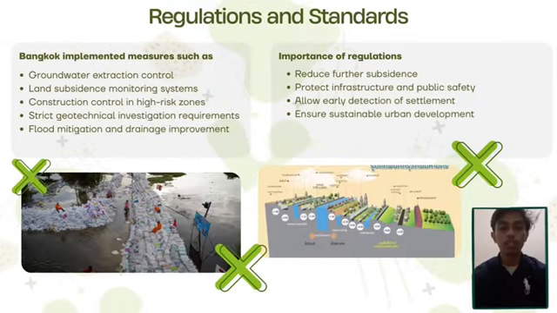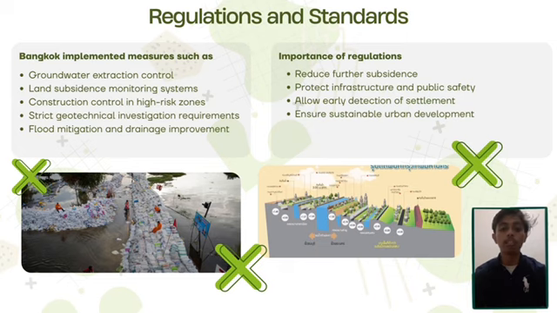To reduce ground subsidence problems, Bangkok implemented several regulations and engineering control measures. One important measure is groundwater extraction control because excessive groundwater pumping is one of the main causes of subsidence in Bangkok.